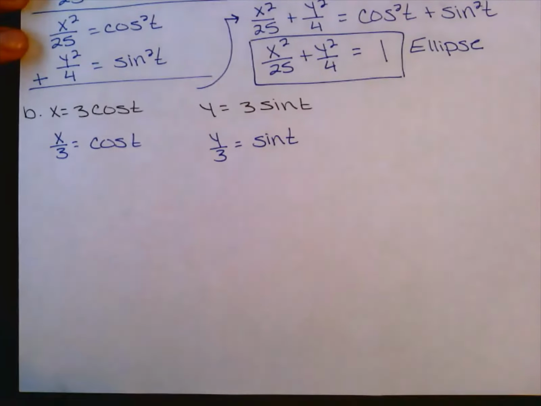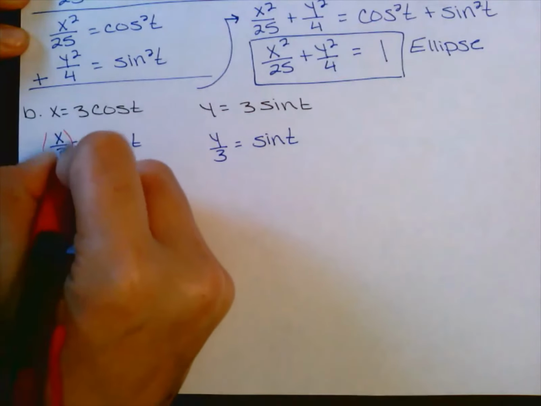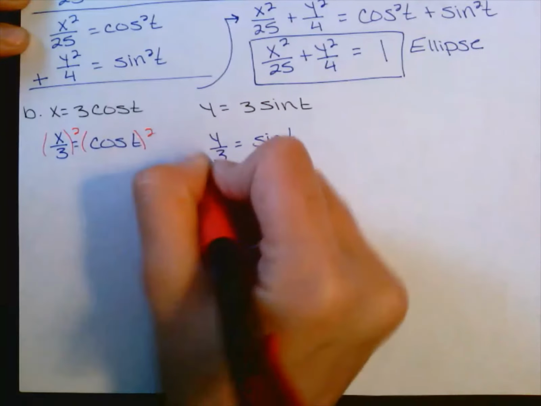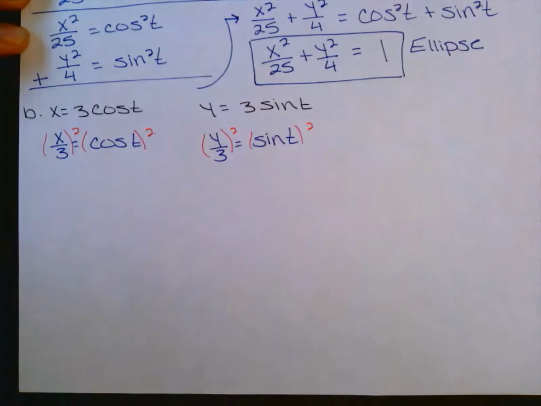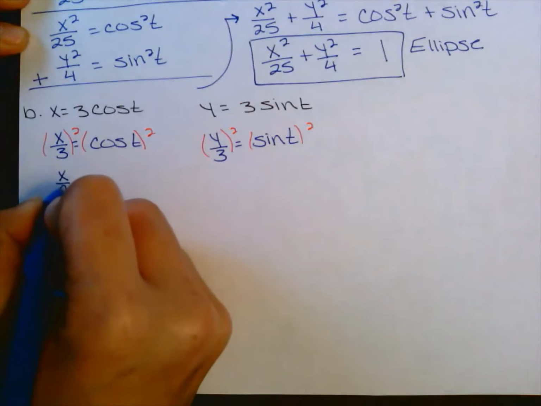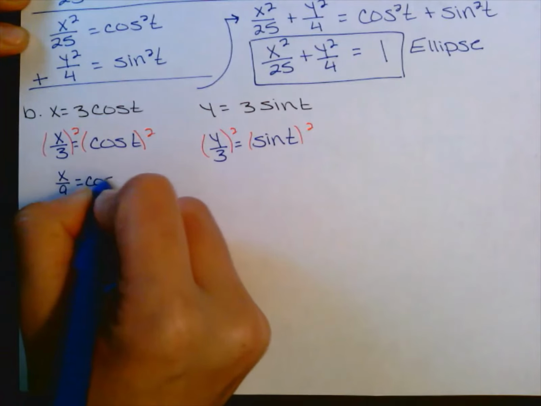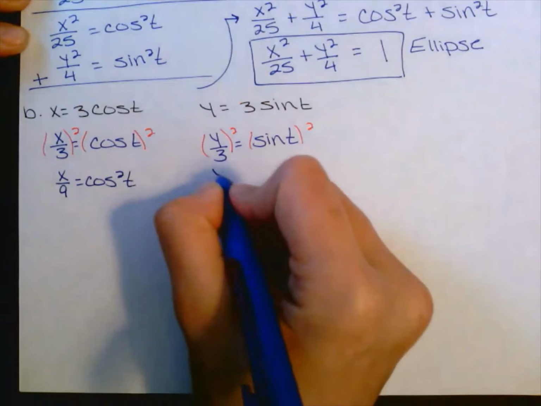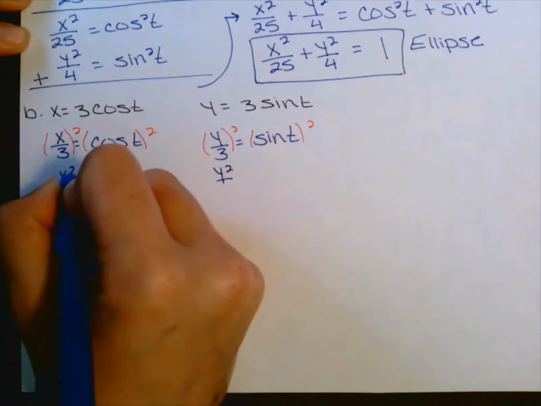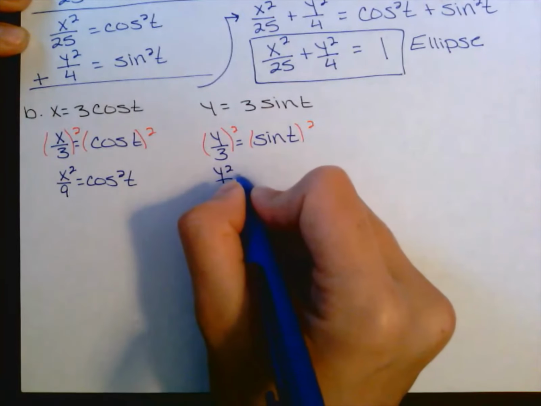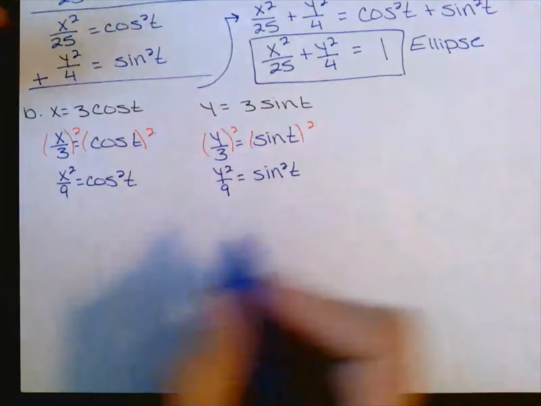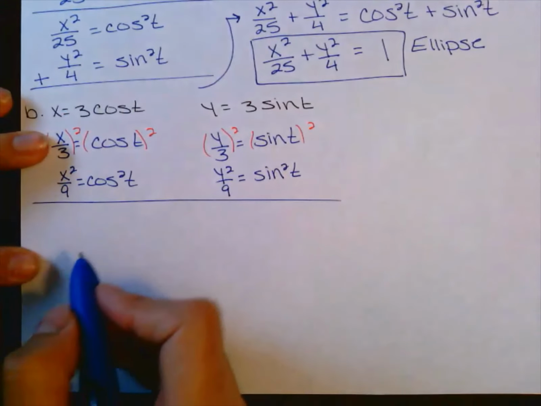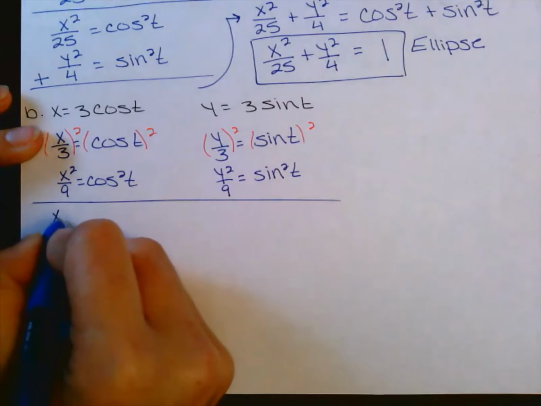Step 2, square both sides. Step 3, combine them.